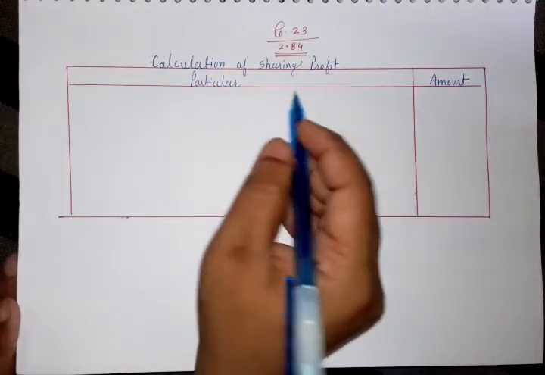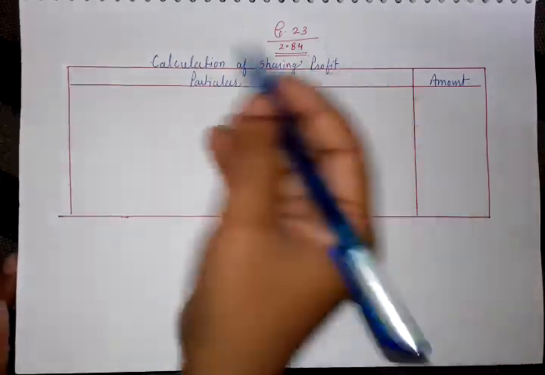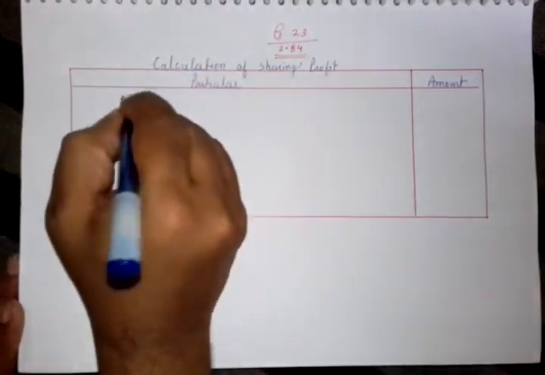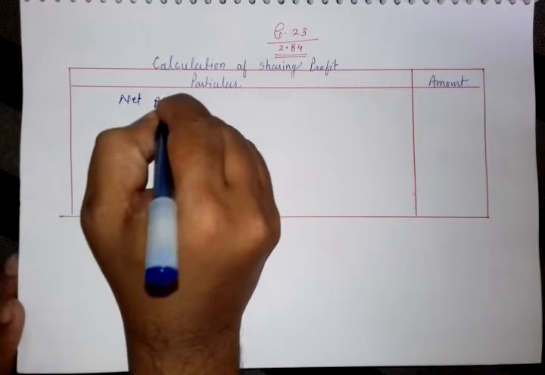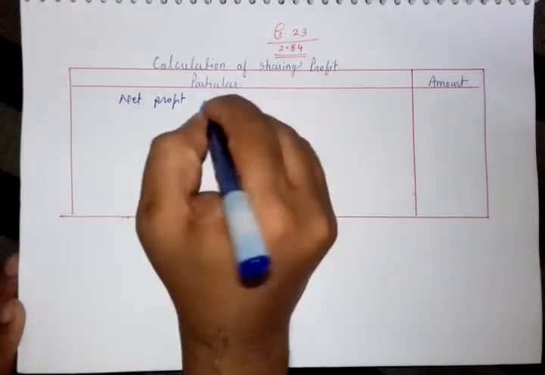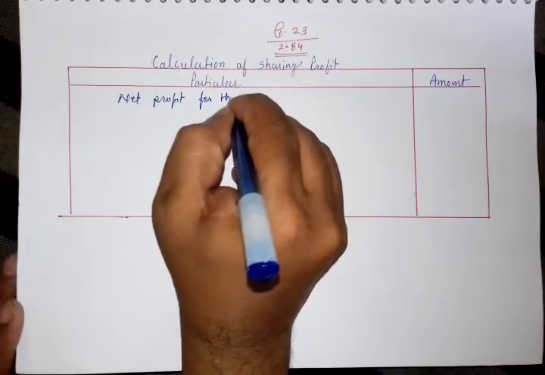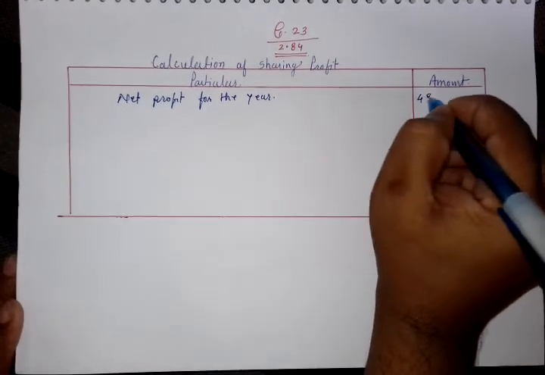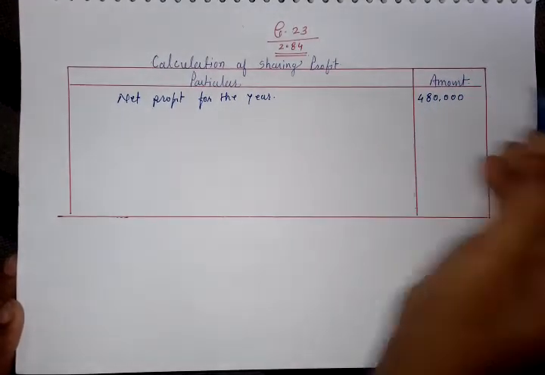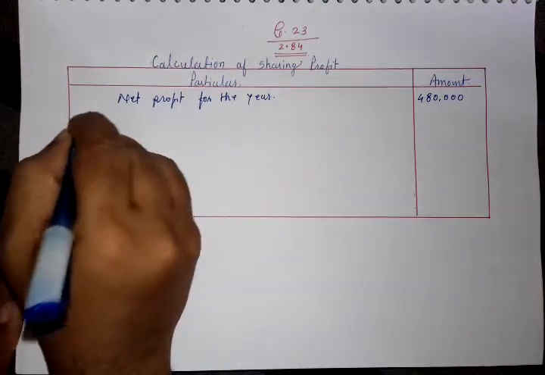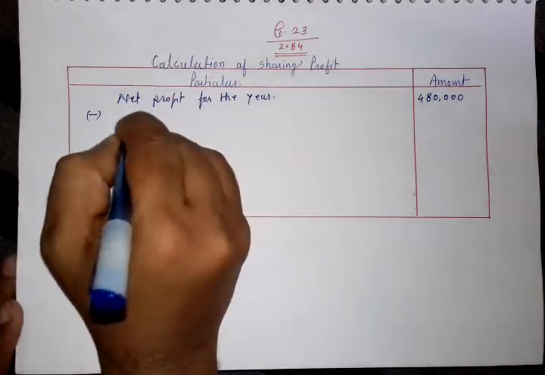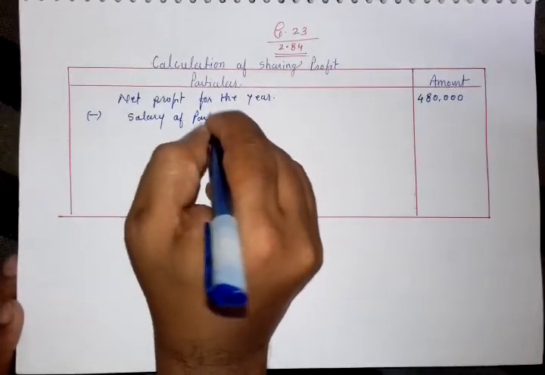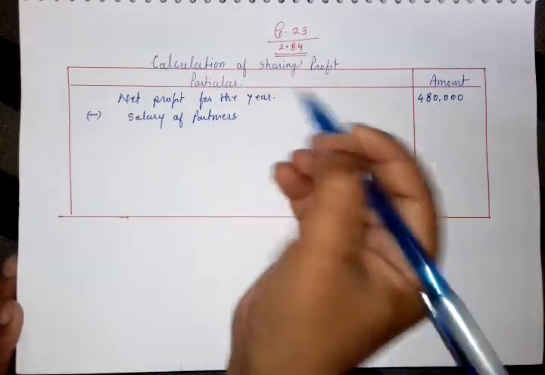Here we are calculating the sharing of profit for each partner. So what we have is the net profit for the year, and how much is this? Is this 4,80,000? That is clear. Minus what amount? Minus salary of the partners.